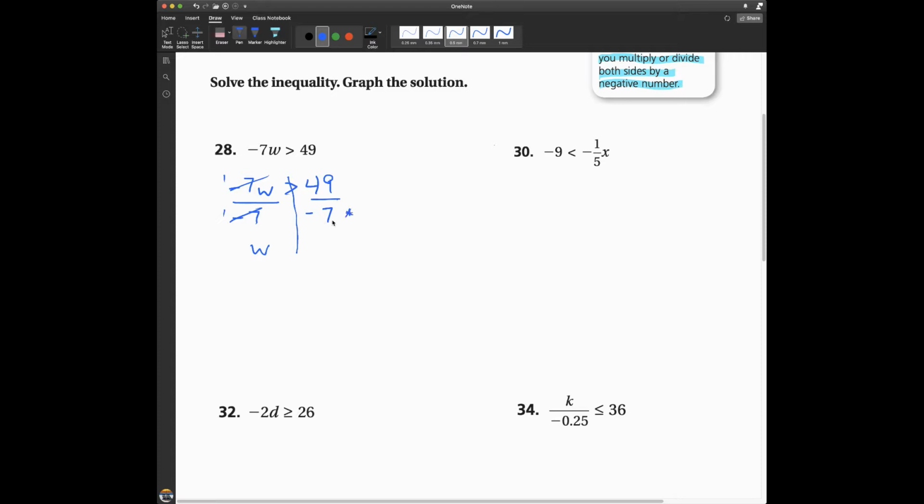I am dividing by a negative number, so I change the direction of the inequality sign. If you want more detail on that, you can go back to the second lesson for section 4.3, where I talk about why you have to change the inequality symbol and make it go the other direction. So this becomes w is less than negative 7.